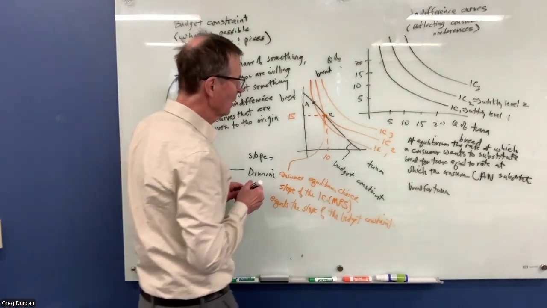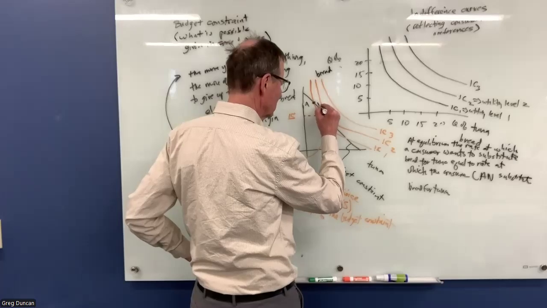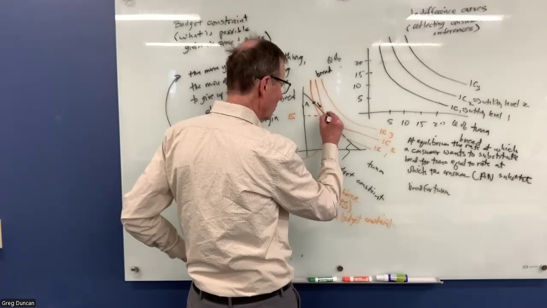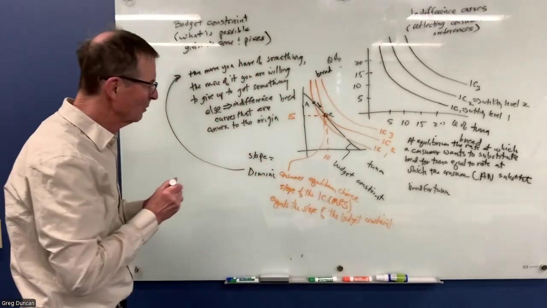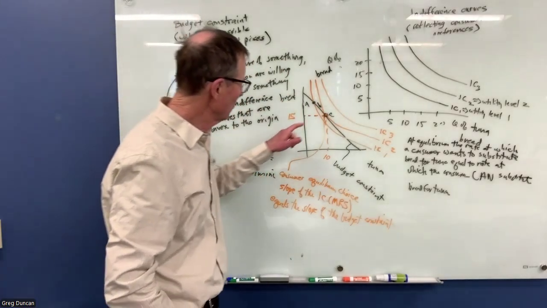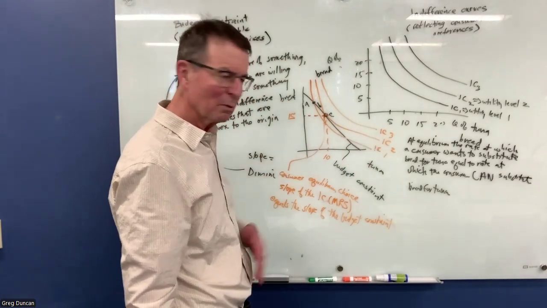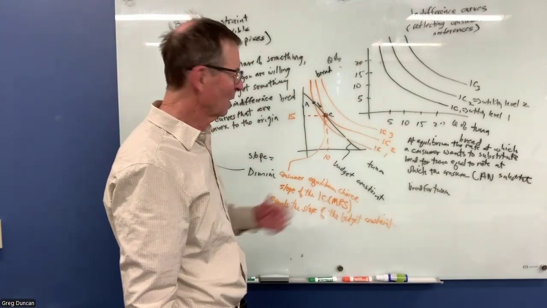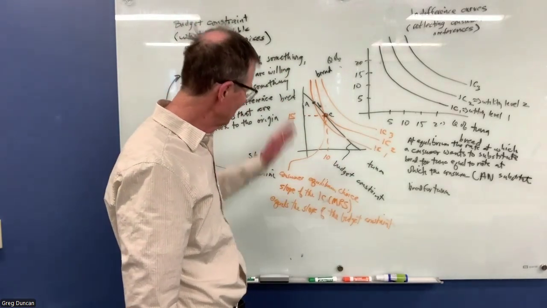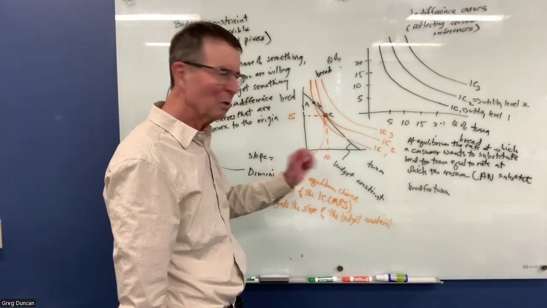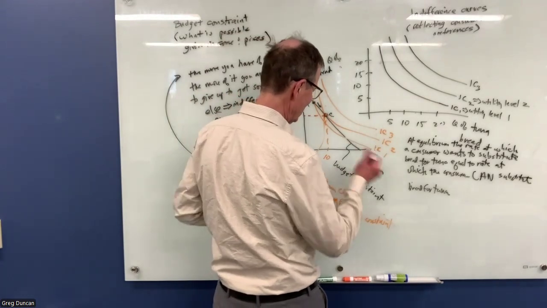So they move along this budget constraint all the way down to point C, because as long as they're not on point C, they're at the point where the rate at which they want to and the rate at which they can aren't the same. So they push for more and more tuna and less bread.